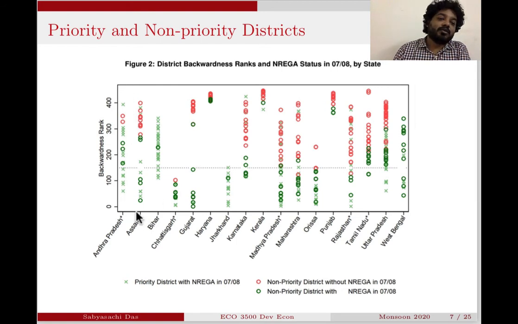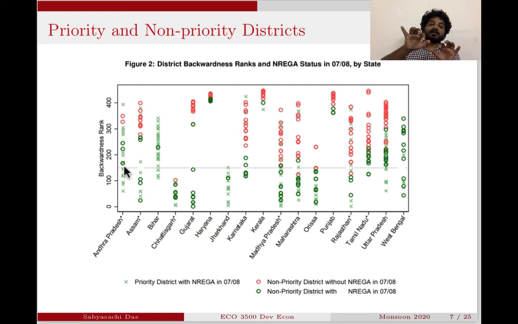But if you focus on the non-priority districts, which are the green circle and the red circle, you see they systematically seem to be ranked. The green ones are below the red ones for every state, more or less, right?